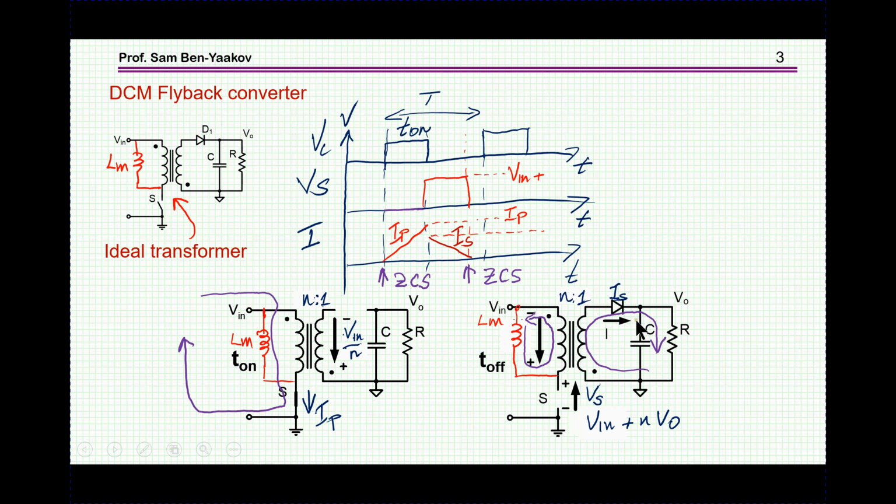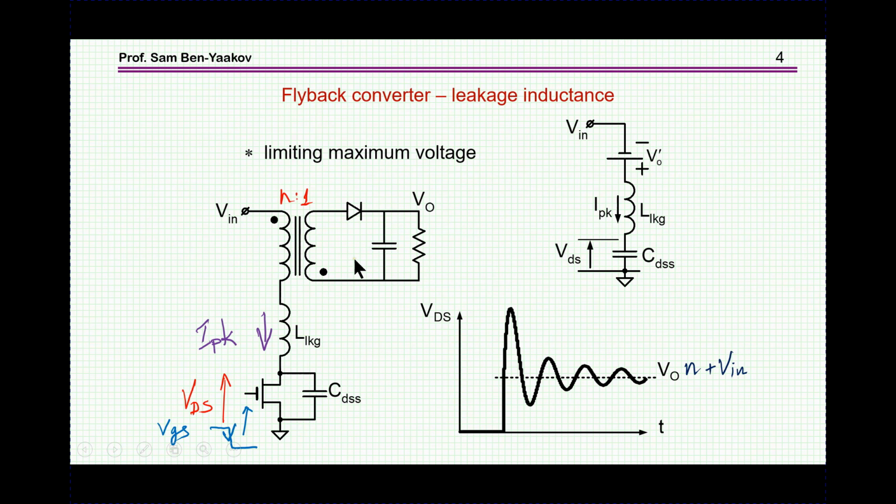This is a large capacitor, so we assume the voltage here is about constant, and the inductance is reflected to the output. Then we have a period of no current, and this is the discontinuous mode. That is, there is a period in which there is no current in this magnetization element. So this is the DCM flyback converter.